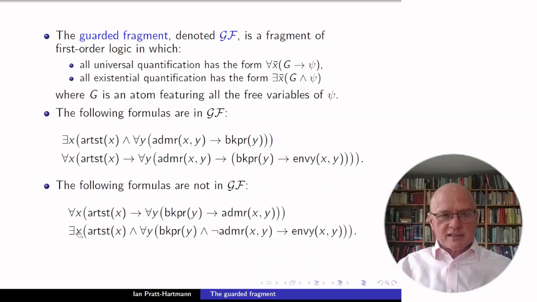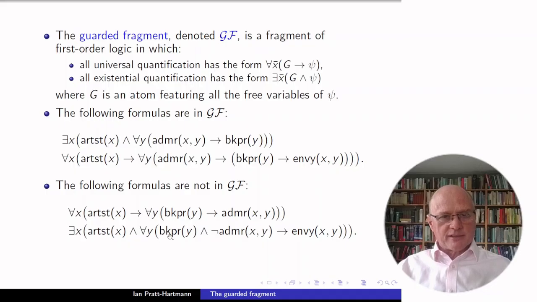And similarly, let's have a look at this one. So this says some artist envies every beekeeper whom he does not admire. We'll see that that is not guarded because the consequent, this implication here, doesn't have the form of an atom.